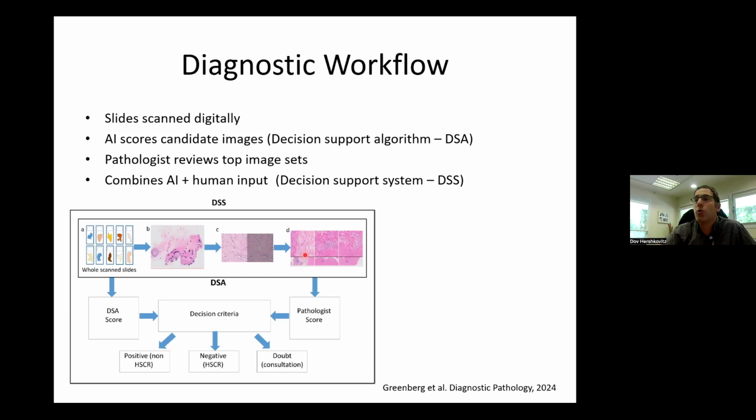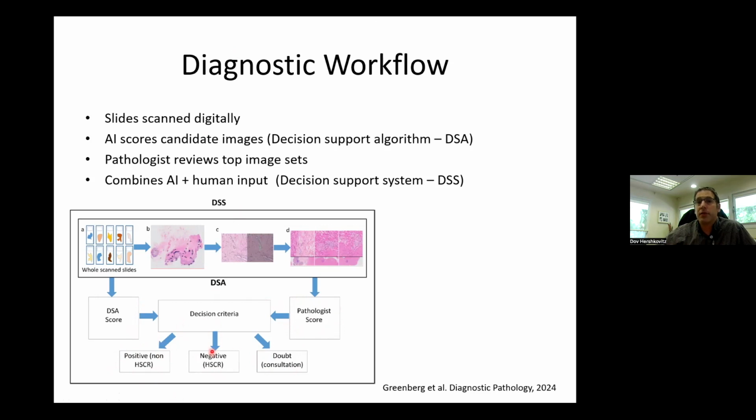This is the algorithm element. Now that goes to the pathologist, and the pathologist can decide if it is a ganglion cell and give it a score. I'm certain this is a ganglion cell, or give it a lower score if they are not convinced. Based on the pathologist score and the algorithm score, we have a few options. It can be positive, and we tell the surgeon, or write in the report, that we found ganglion cells.